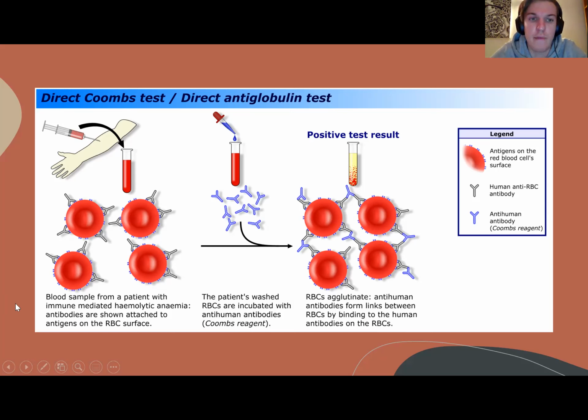And if you've got antibody stuck on the outside of your red blood cells, the Coombs reagent binds them up, and your sample of red cells bunches up, and you get left with these agglutinated red cells. So this is a positive test result. If you saw this in somebody that had spherocytosis, this would suggest that it's an autoimmune reason for that spherocytosis, rather than hereditary spherocytosis, which is a negative test result with Coombs test.